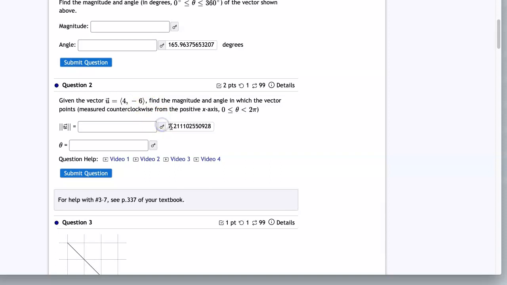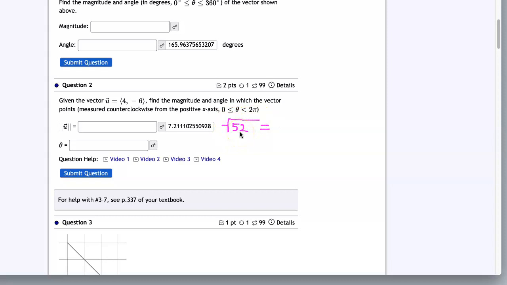Now, of course, for the square root of 52, you can get the decimal approximation that MyOpenMath is looking for when they grade your work, but what you need to be typing in is not the decimal approximation. You need to type in the reduced, simplified answer here.